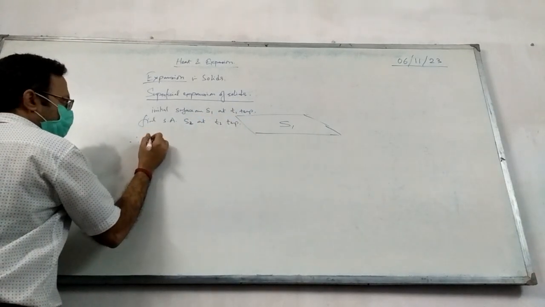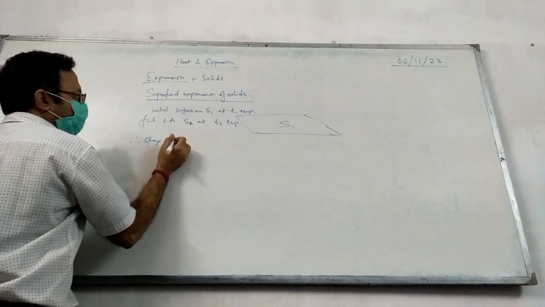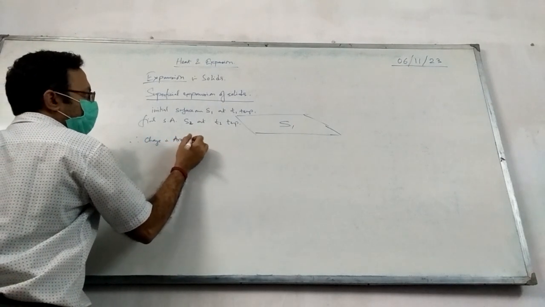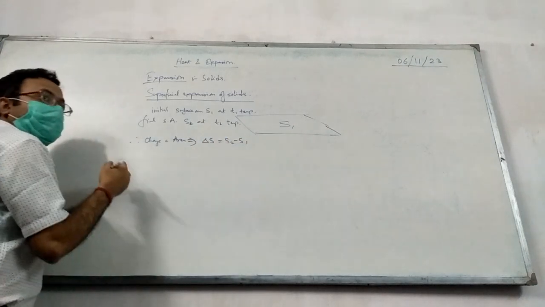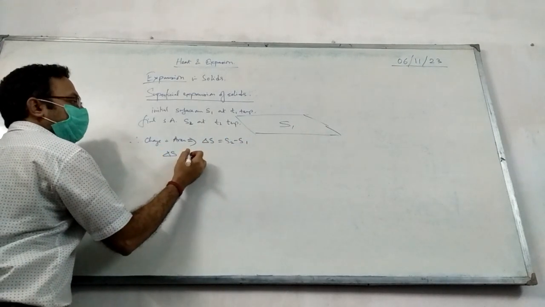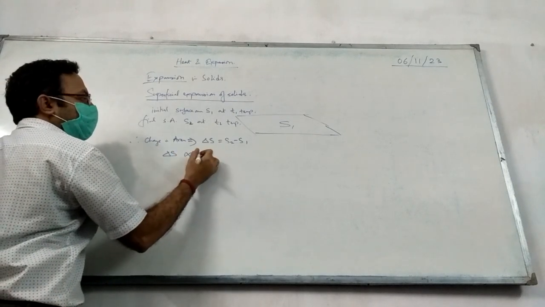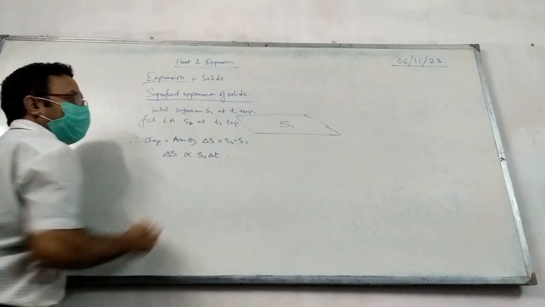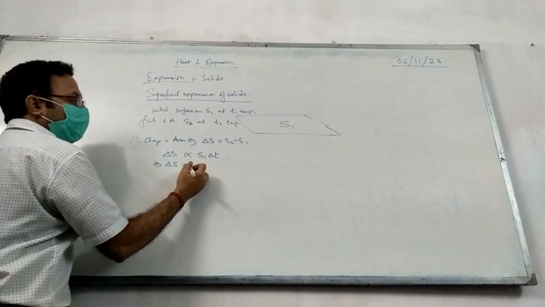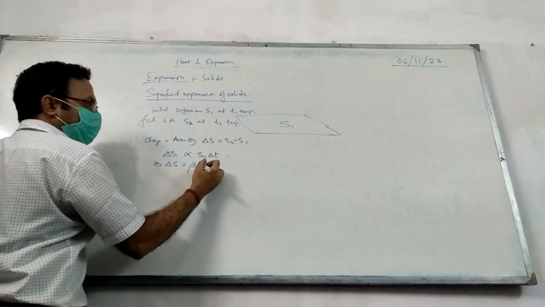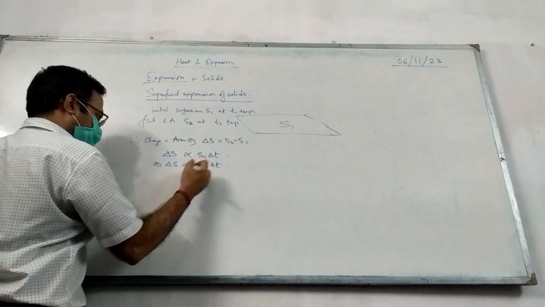Therefore, change in area delta S is S2 minus S1. So delta S is directly proportional to S1 and delta T. If you remove the proportionality sign, you get a constant. We write delta S equals beta S1 delta T.